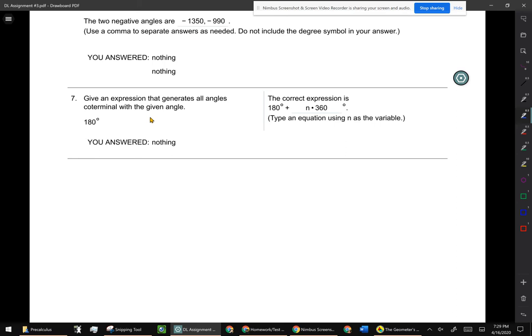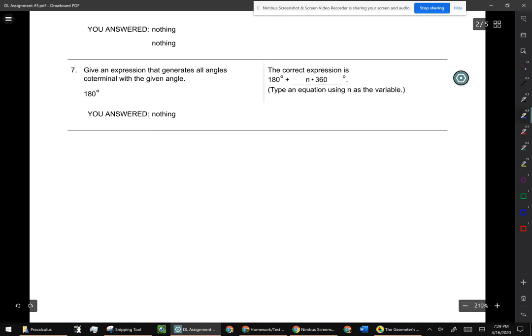It's a very general concept answer, but the idea is that if you want all the coterminal angles starting from 180, the first one would be 180 degrees plus 360, right? And then the next one would be 180 degrees plus 360, but plus 360 again, which means you have two of them. And then 180 degrees plus three 360s, right?